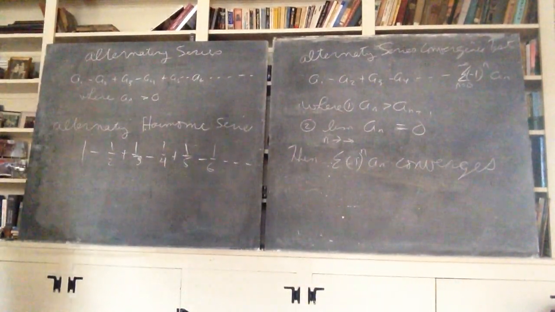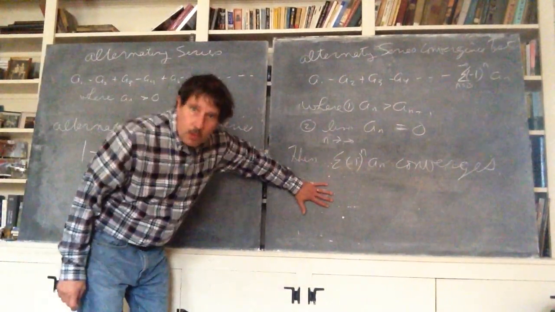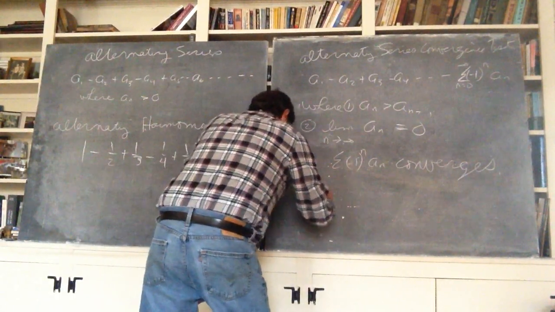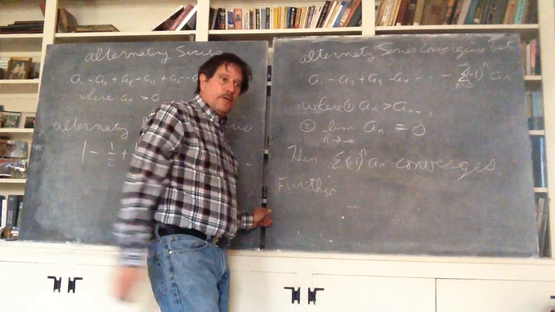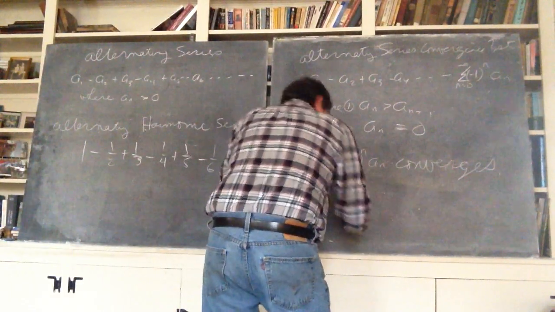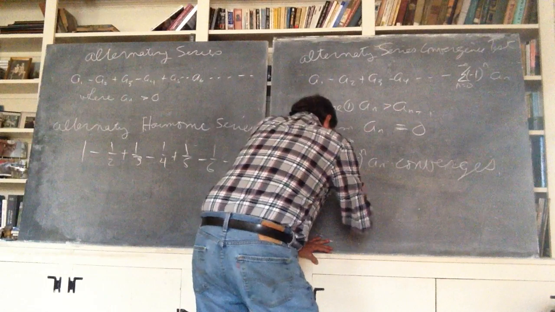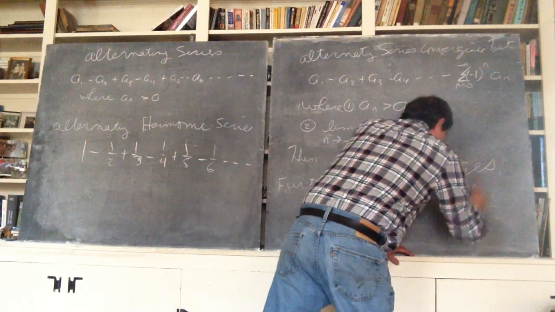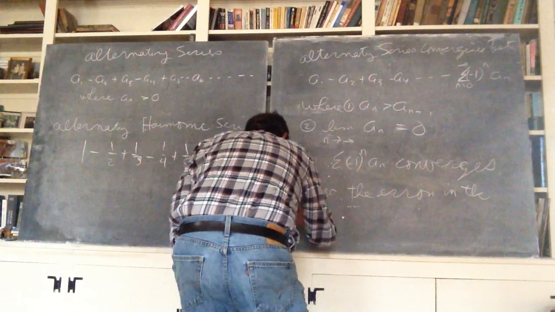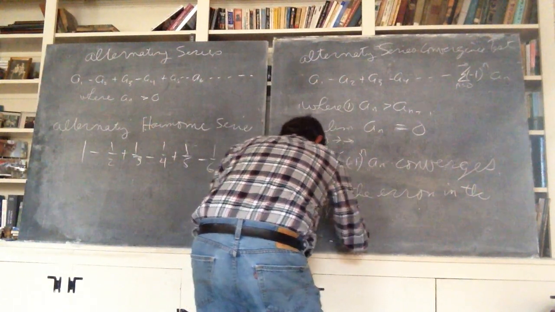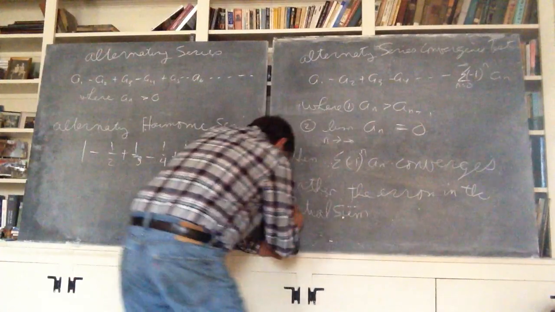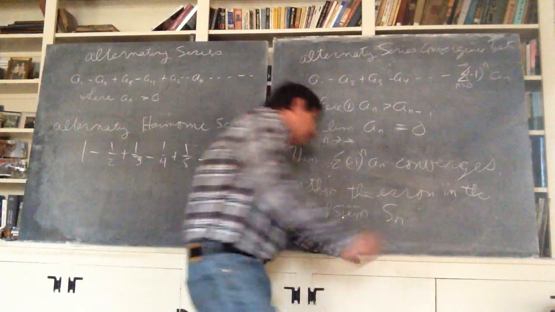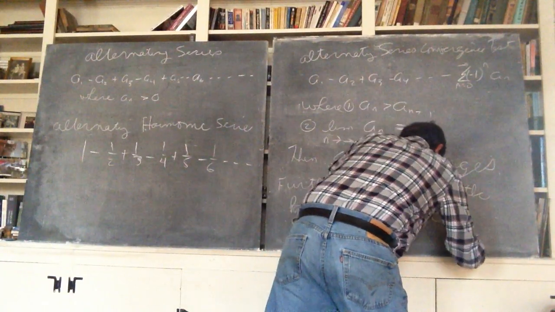The reverse, by the way, is not true. We'll talk about that. Furthermore, here's a nice little thing. The error in the partial sum, S sub n, is less than the next term.